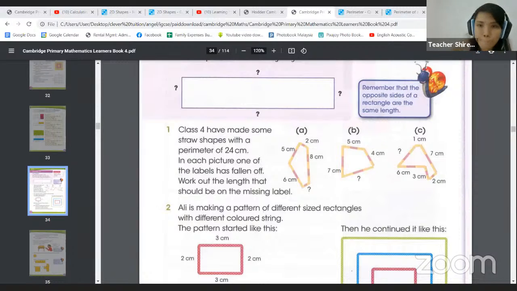Continue. Okay, very good. Do this and do this. What's the answer for B? Very good. Jensen got both correct.